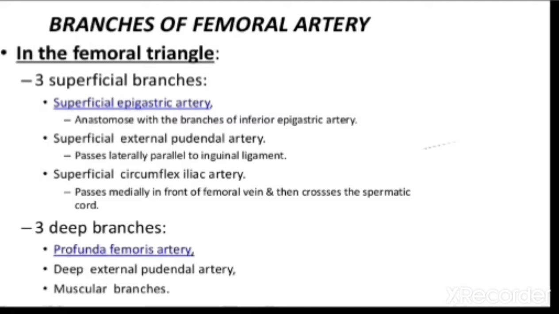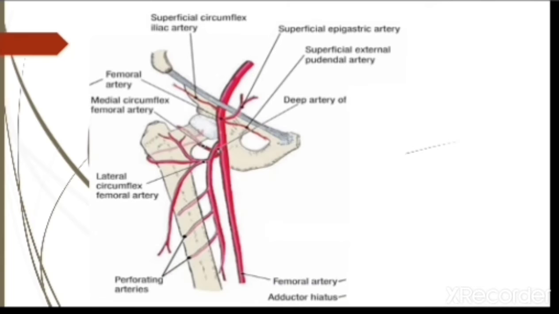The 3 superficial branches are superficial epigastric, superficial external pudendal, and superficial circumflex iliac artery. And the 3 deep branches are profunda femoris, deep external pudendal, and muscular branches. So here we can see the femoral artery and the branches of the femoral artery.